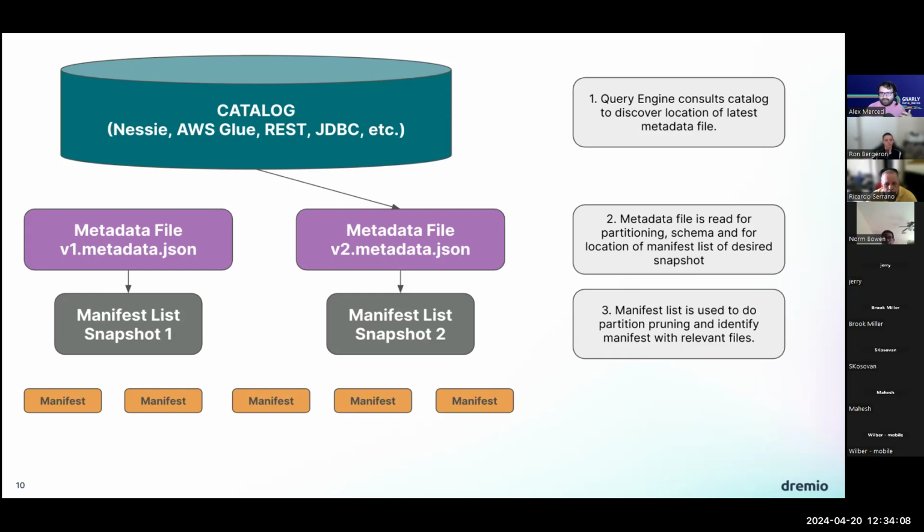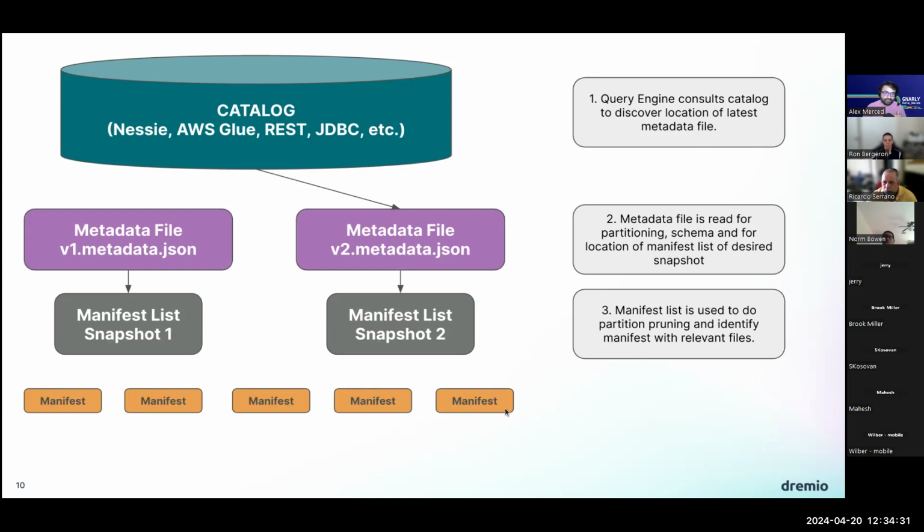Let's say we have a table of voter data that's partitioned by political party. There might be one manifest file for all the Green Party people, for all the Blue Party people, for all the Red Party people, for all the Yellow Party people. It would list all the individual files that have those particular entries. And then the manifest list would list the manifests.